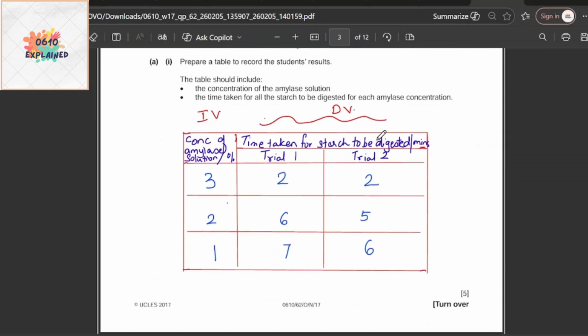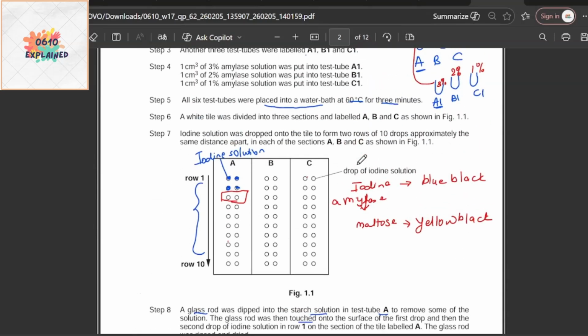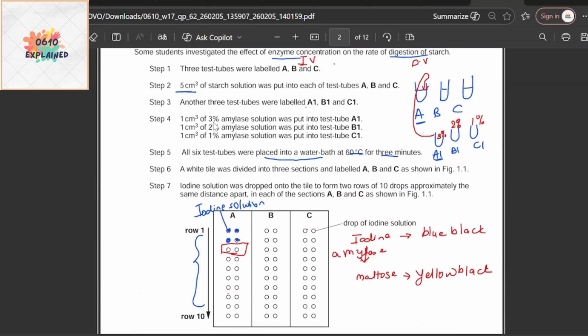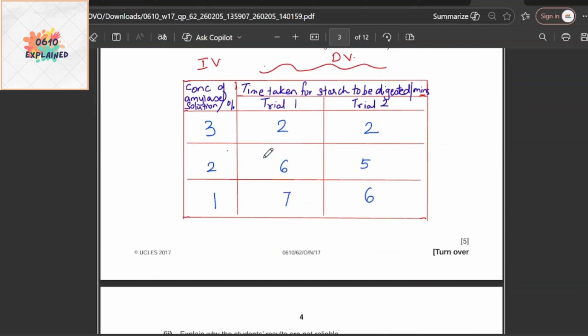So we had three concentrations. Here they had mentioned that there was 3% amylase solution, 2% amylase solution, and 1% amylase solution. It is preferred that you write the format in the same way, that is 3, 2, and 1. Now the results are shown.